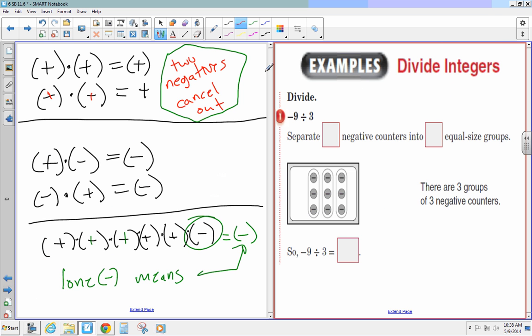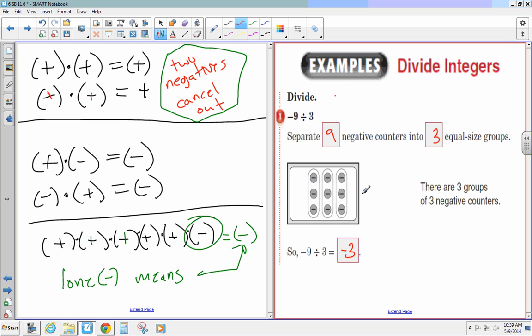So take a look at this. Negative 9 divided by 3. Separate 9 negative counters into 3 equal size groups. So here are 9: 1, 2, 3, 4, 5, 6, 7, 8, 9. 3 different groups. So there are 3 groups of 3 negative counters. So negative 3.